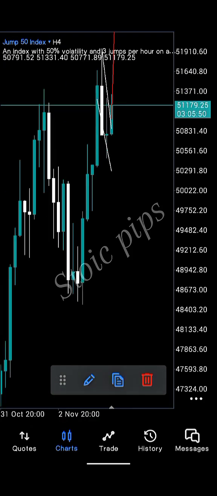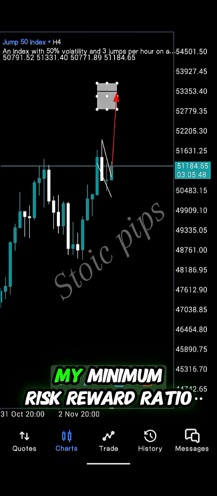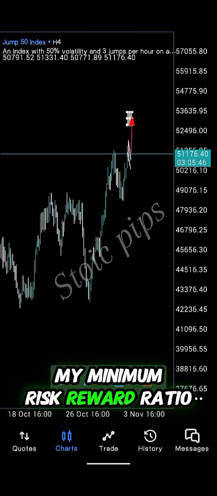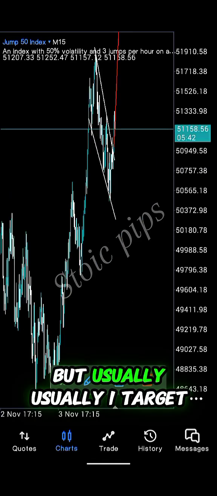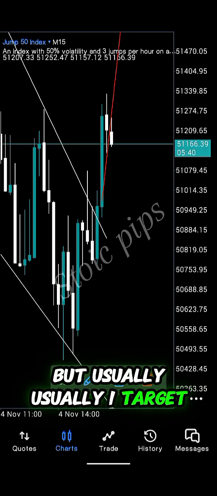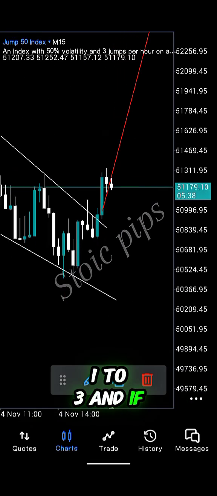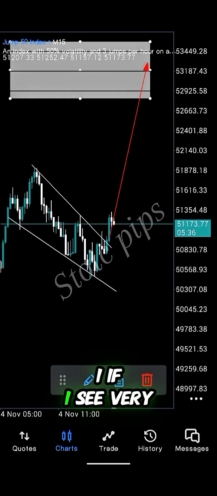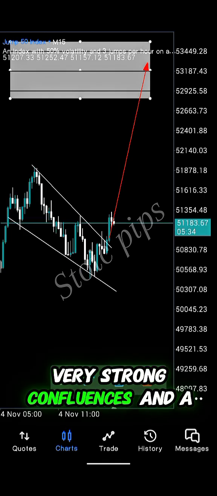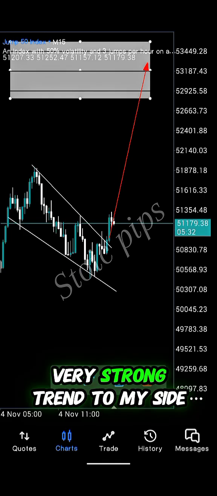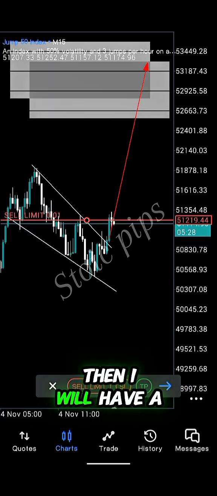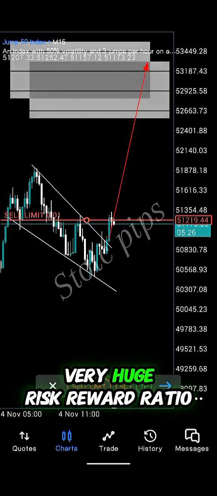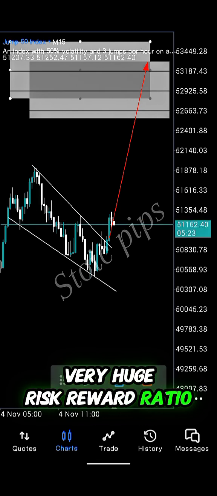there. Just like I said earlier, my minimum risk reward ratio is 1 to 2, but usually I target 1 to 3. And if I see very strong confluences and a very strong trend on my side, then I will have a very huge risk to reward ratio.